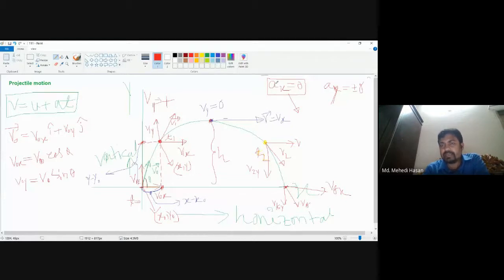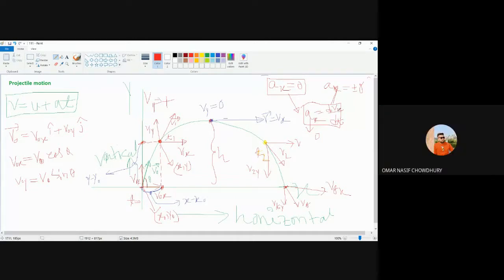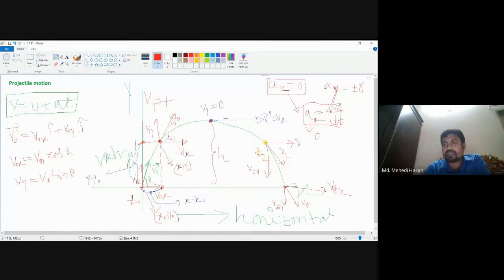There is a relation between acceleration and velocity: a equal to dv by dt. So if you consider ax, you have to use vx. If acceleration is 0, then what will the velocity be? Sir, I think constant. Okay, if we differentiate a constant, we get 0. Do you all understand this?